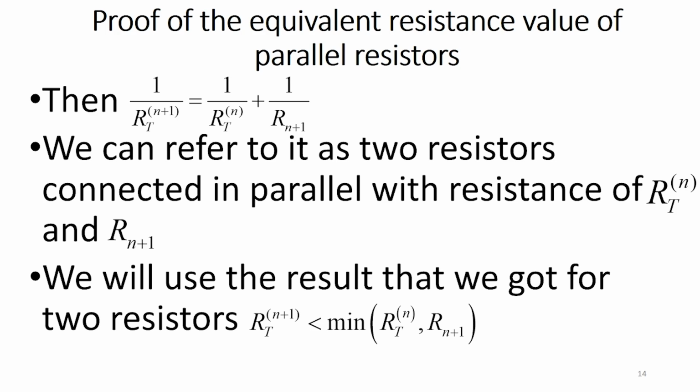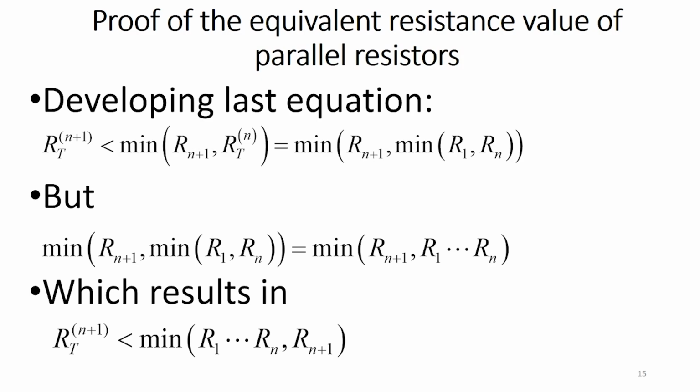We can refer to it as two resistors connected in parallel with resistances of RT(n) and R(n+1). We will use the result that we got for two resistors. RT(n+1) is less than min of RT(n) and R(n+1). Developing the last expression gives RT(n+1) is less than the minimum of R(n+1) and RT(n), which is the minimum between R(n+1) and the minimum between R1 until Rn.